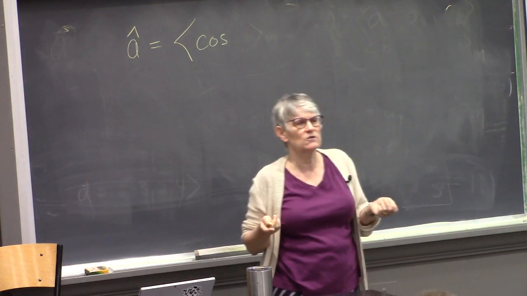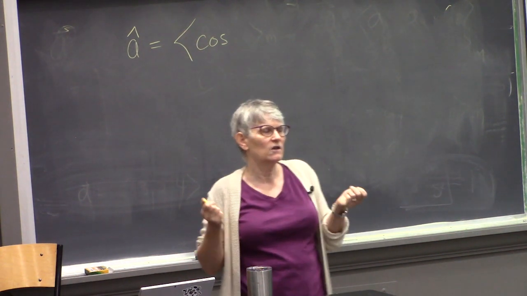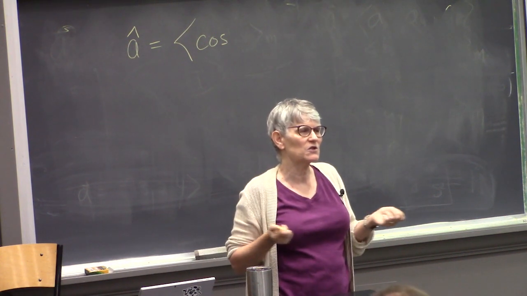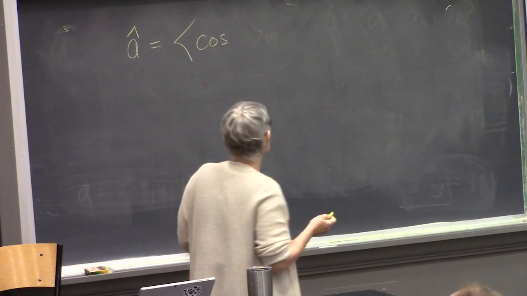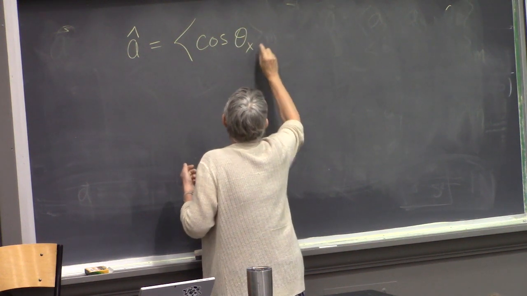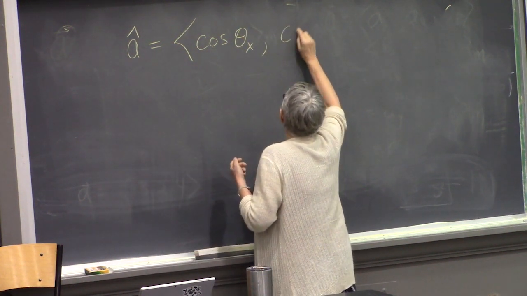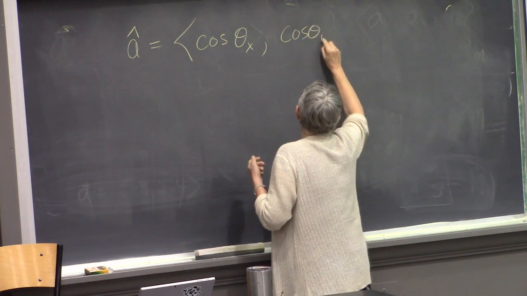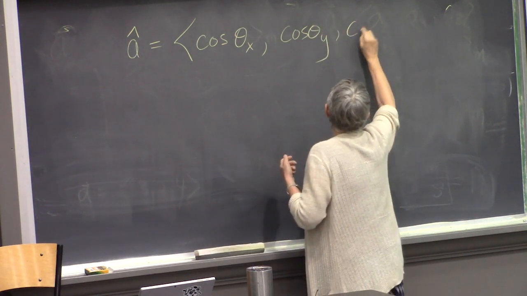We use direction cosines because that way you don't get mixed up as to whether you're using sine or cosine, and so it works like this. It could be written as cosine of the angle with the x-axis. The y component is the cosine of the angle with the y-axis.